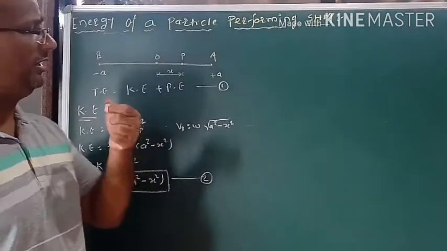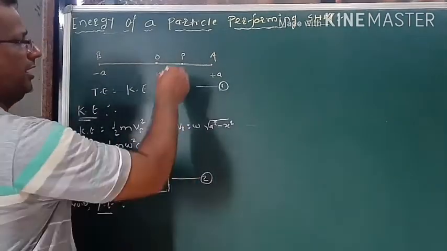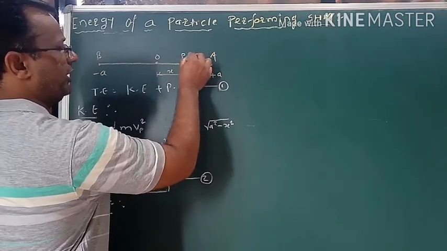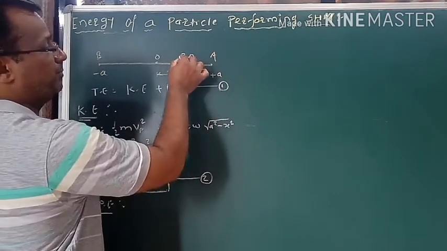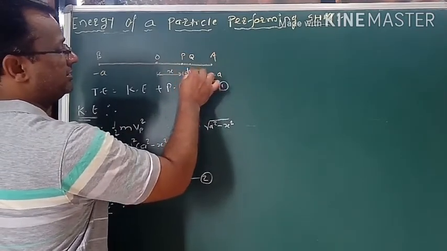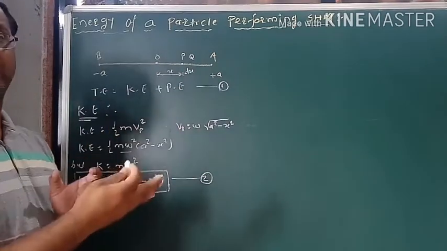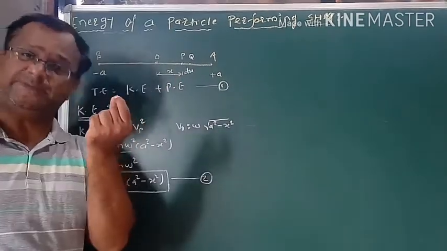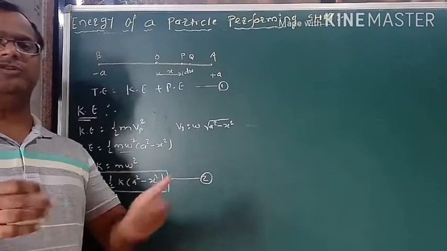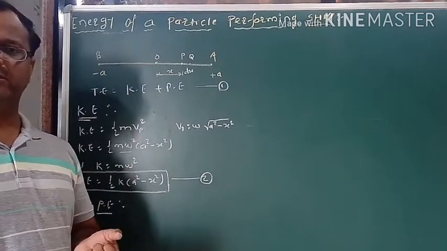Suppose we displace the particle from point P to point Q, and the distance between points P and Q is dx. It means that if we displace the particle in linear SHM by a small distance dx, then how much work is done? We find out that, right?